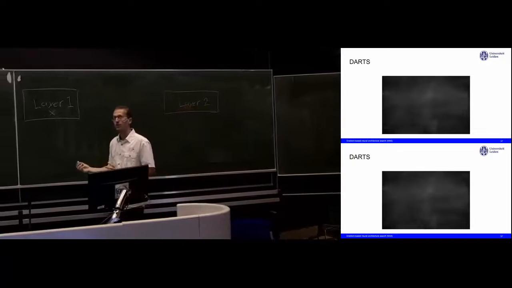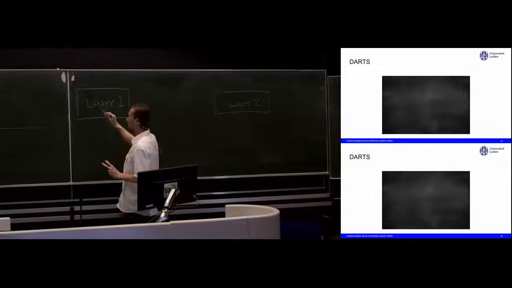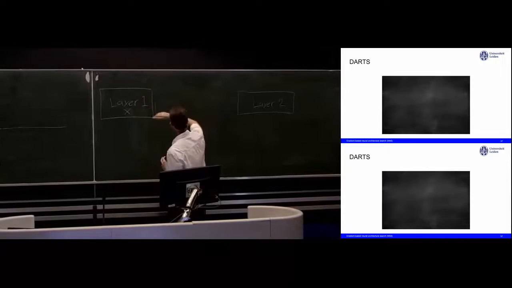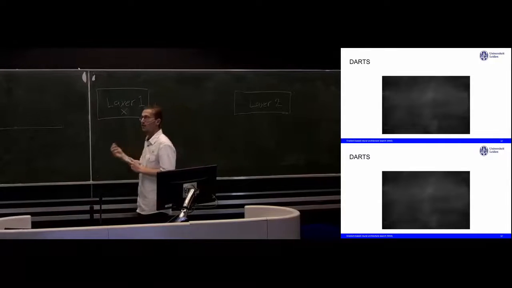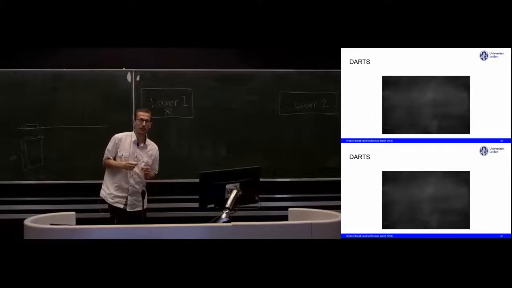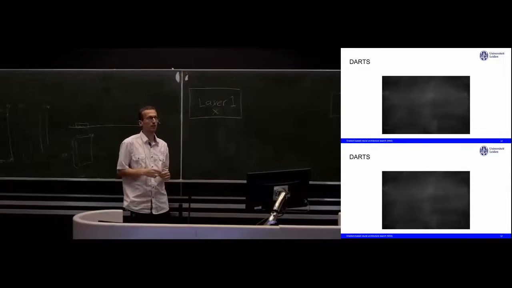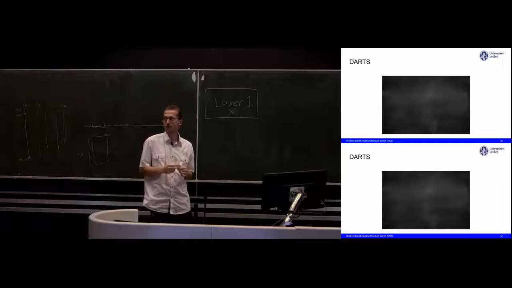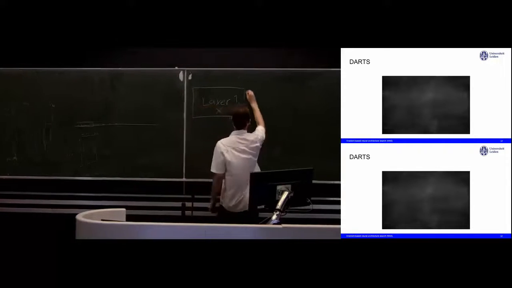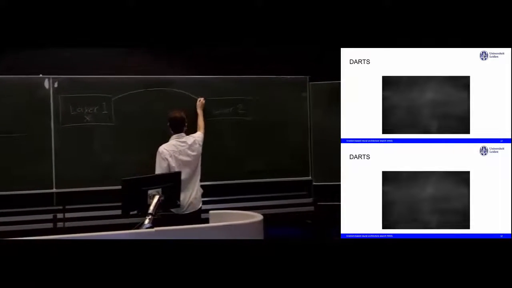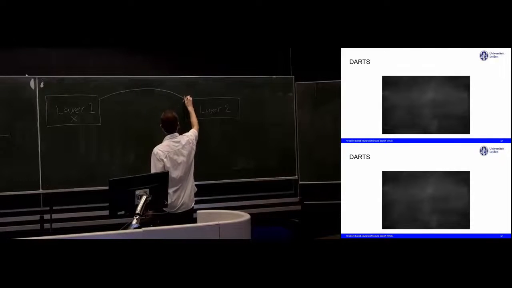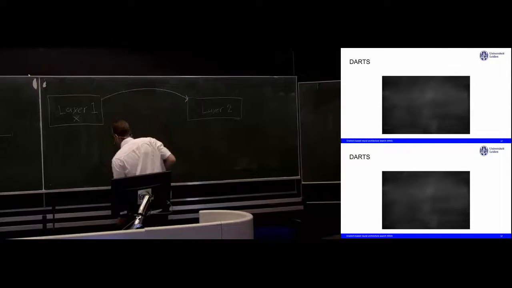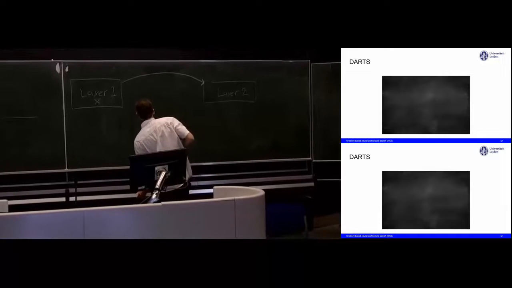What we do in DARTS is we have one edge from layer 1 to layer 2 for each of the operations in our candidate set. So in the example that we had before, we had a convolutional 1x1, convolutional 3x3, or convolutional 5x5. For each of these, we create an edge into this layer.